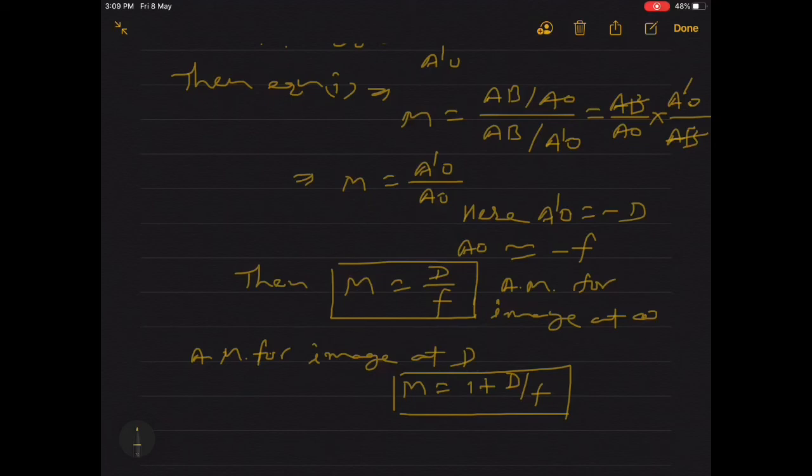When the image is at D, the magnification is more, and that is 1 plus D upon F. It is more by 1 than when the image is formed at infinity.